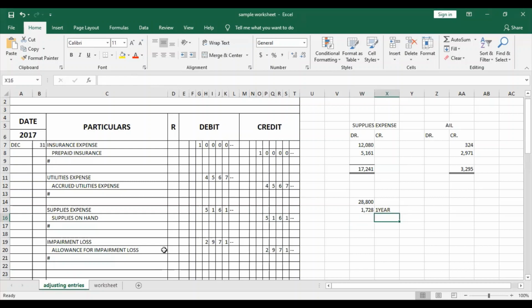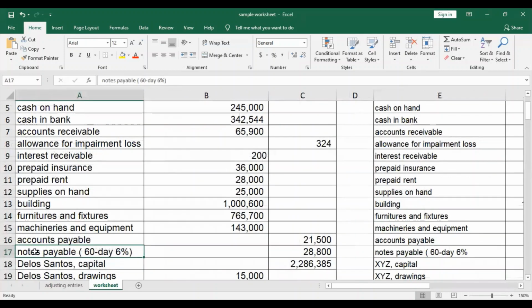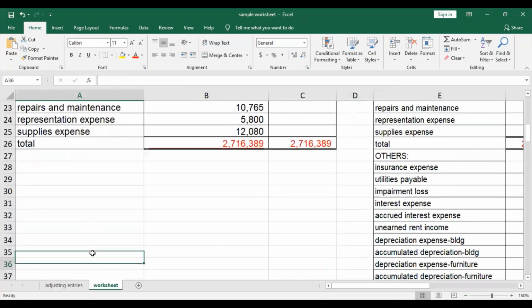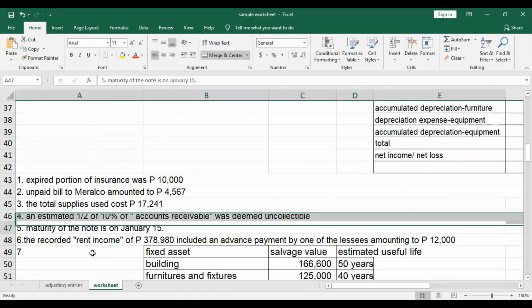And the only amount of interest expense that we are going to record is only the amount of expense that is already incurred. So, ilang araw na ba lumipas yung utang mo? Balikan mo ulit yung transaction. Ang sabi kasi dito, this note is a 60-day note, meaning it is payable within 60 days. And then, it is payable on January 15.